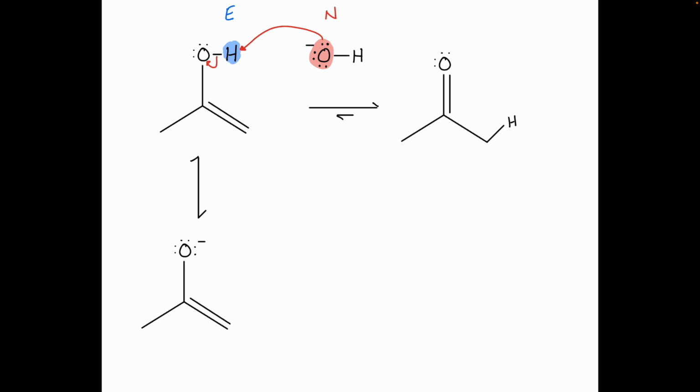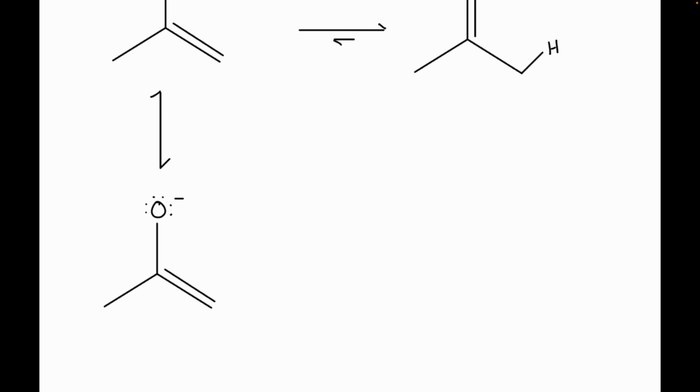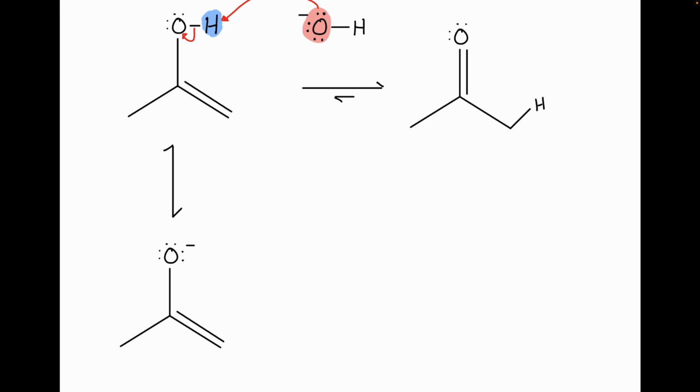So I have my alkoxide ion intermediate, and this is a great example of an intermediate that's perfectly legal under basic conditions, but that we would not be able to have under acidic conditions. This negatively charged oxygen here is a strong base, so it's okay under our basic conditions. It would not be okay under our acidic conditions.